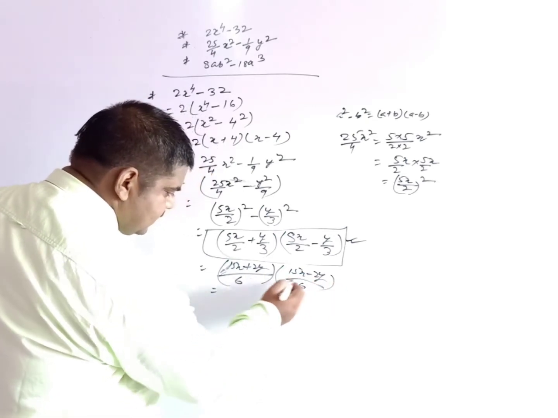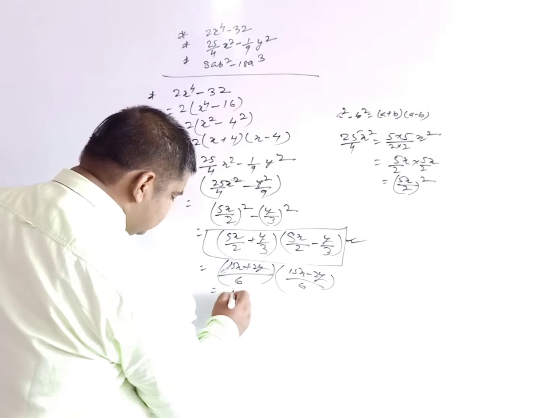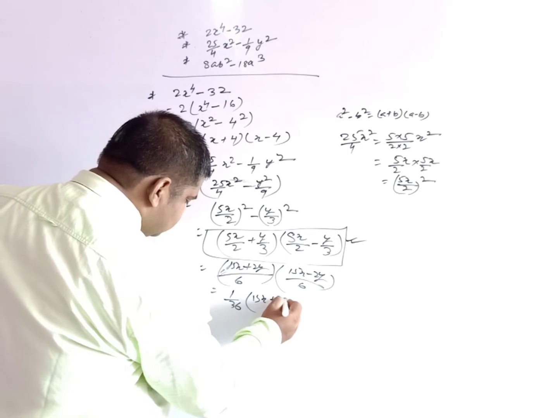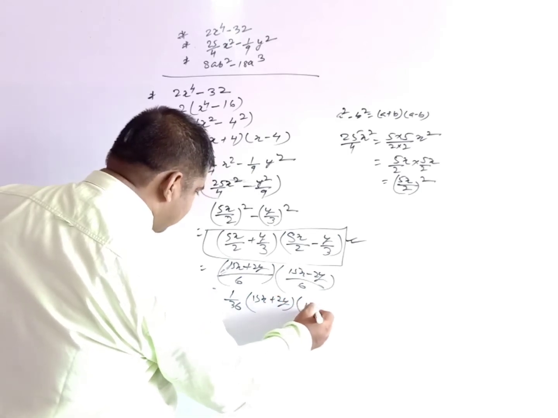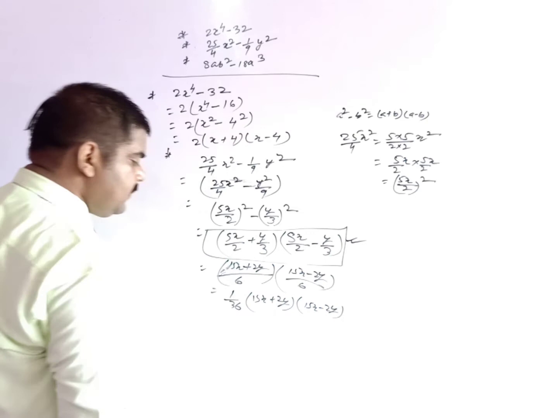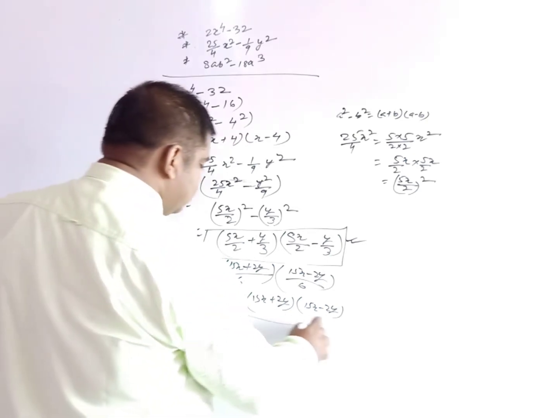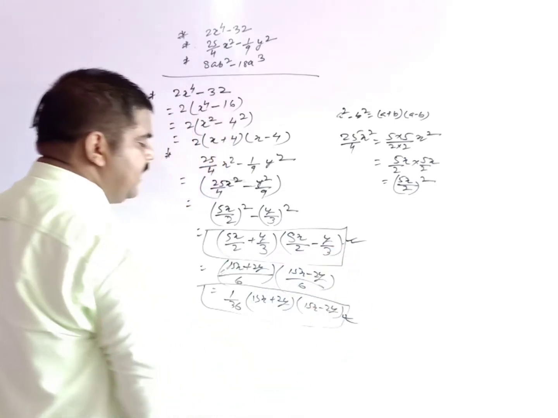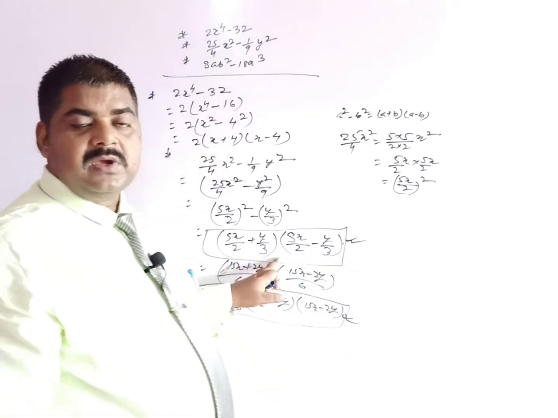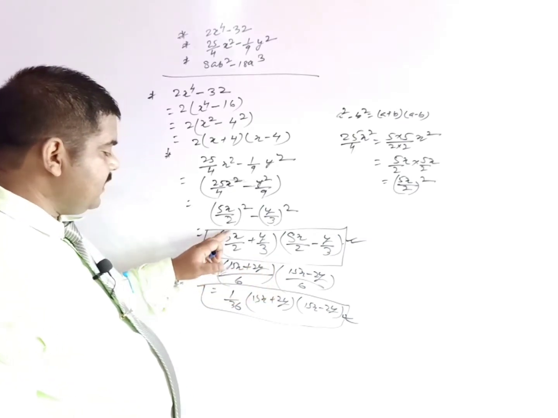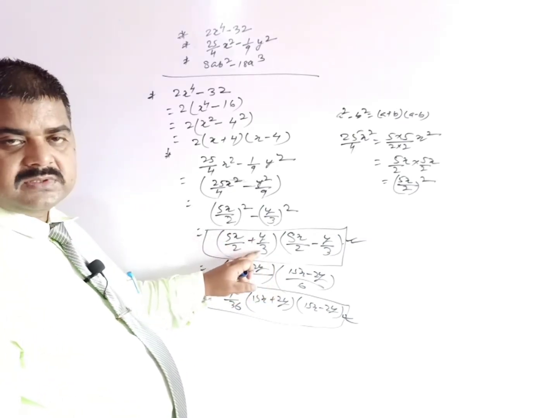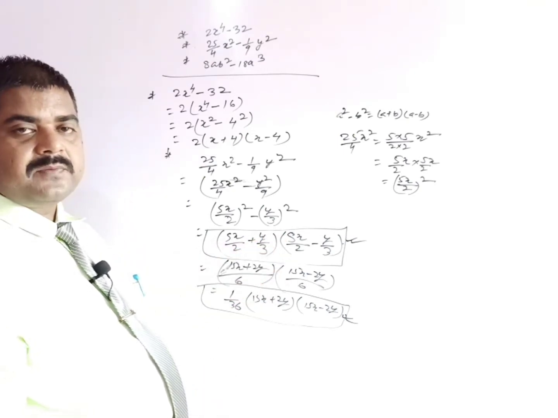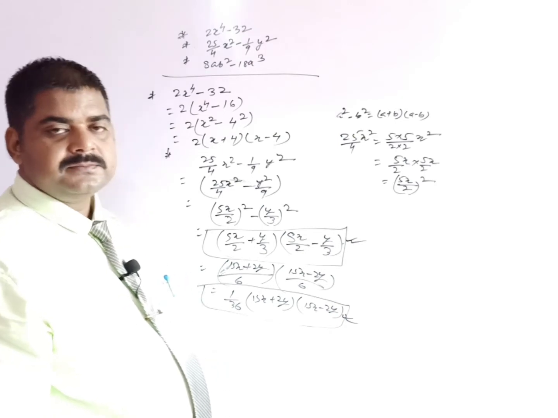So the final result is 6 into 6, 36, 1 upon 36 into 15x plus 2y into 15x minus 2y. So you can check that. Either you have to do up to this stage or you can leave it at the earlier stage, because in most books it has been given as 5x upon 2 plus y upon 3 into 5x upon 2 minus y upon 3. Such type of calculation has been given.